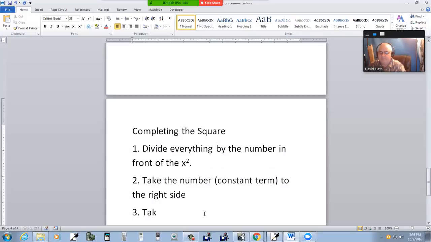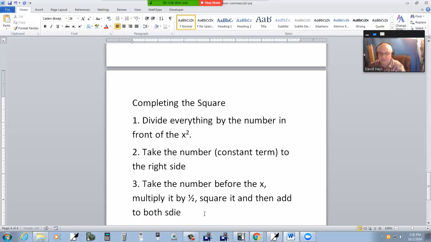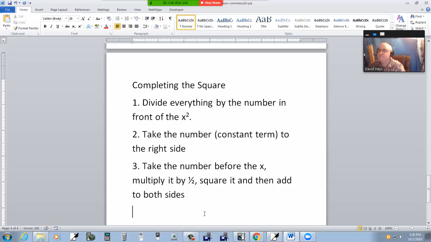Step 3, take the number before the x, the coefficient, multiply it by 1/2, square it, and then add to both sides. Step 4, use the square root property to solve for x.